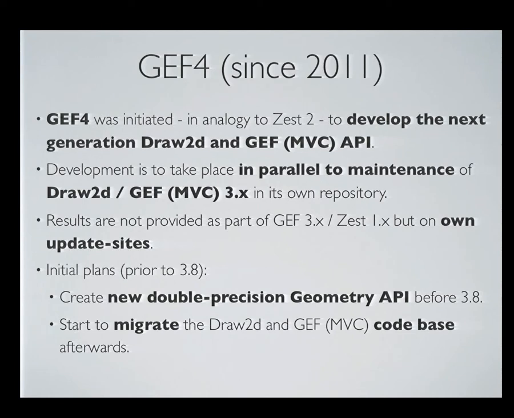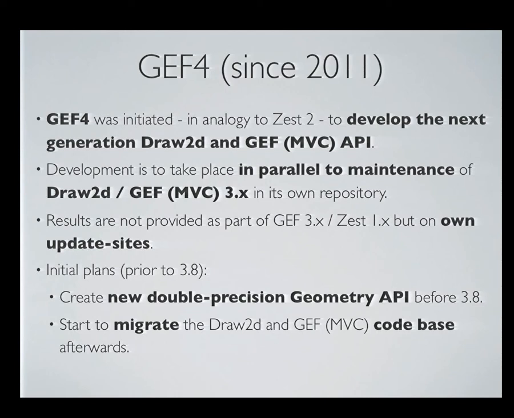And our idea was, if we want to enable people to deal with transformations and more complex graphical stuff, then we need a profound geometry API to perform geometric calculations. So that is what we started on. And the idea was then to migrate the remaining code base of Draw2D and GEF MVC after having completed that.